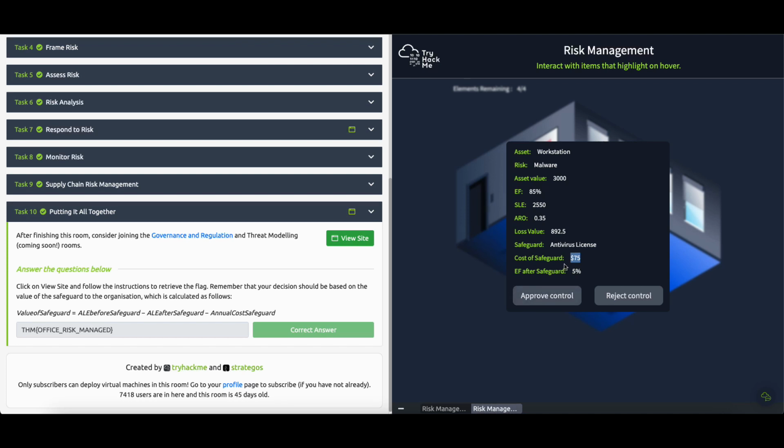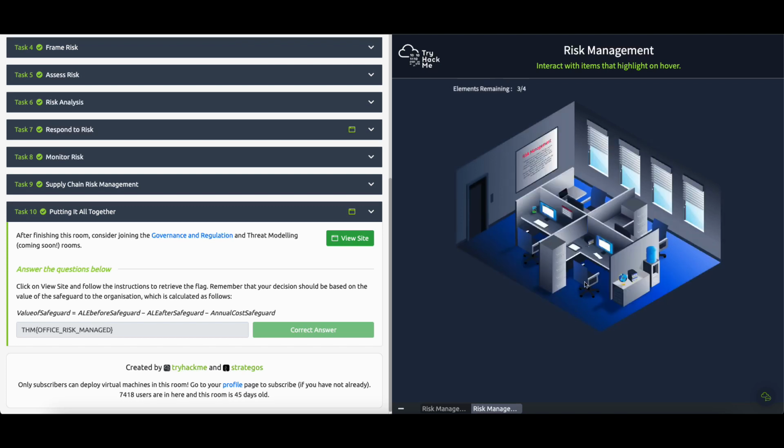And also we will add the cost of safeguard. It will be almost $150, and it is obviously cheaper than this one. It is almost $900, but after the safeguard, total cost is almost $150. So we can approve control here too.